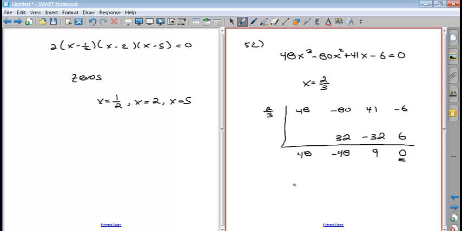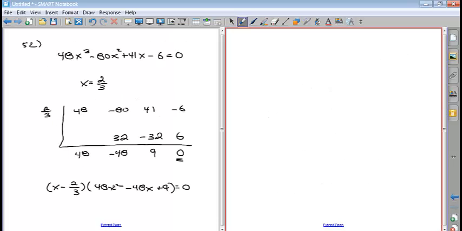And the resulting, if we factor this out, we're going to use x minus 2/3 as the factor. And what you're left with is 48x squared minus 48x plus 9 equals 0. So now we need to factor this thing.